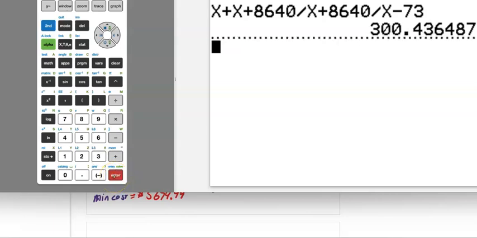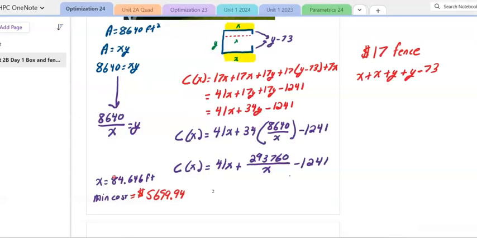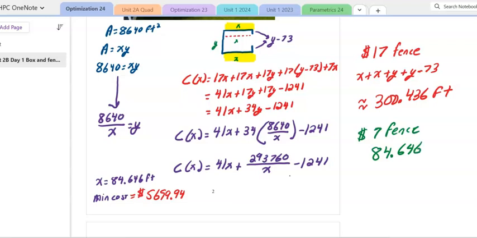And that's around 300.436 feet. So the $17 fence, we need approximately 300.436 feet. And then for the $7 fence, we just need x, which was 84.646 feet.